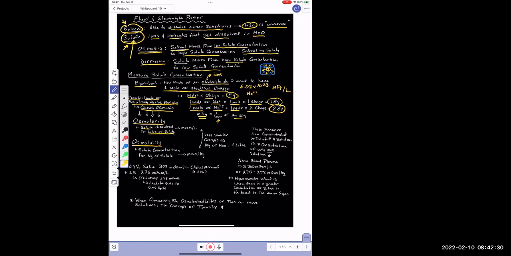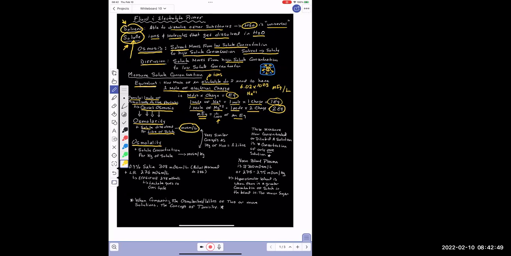And that will be measured in milliosmoles per liter. And a milliosmole, or mOsm, is just 1/1000th of an osmole.